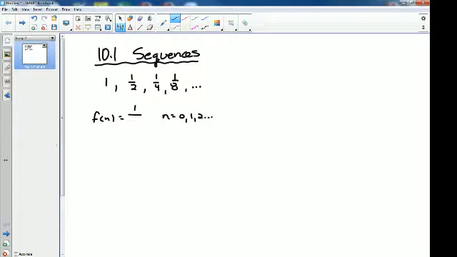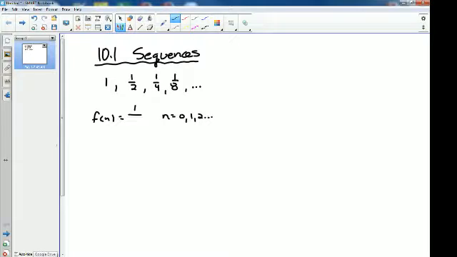Does that work for the first term on the bottom? 1 squared is 1. Nope, not working. n times 2? What's 2 times 0? Doesn't work. 2 times 1, 2 times 2, 2 times 3? No.